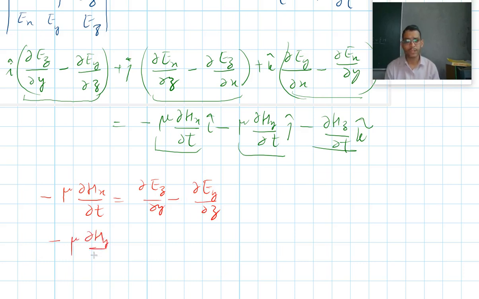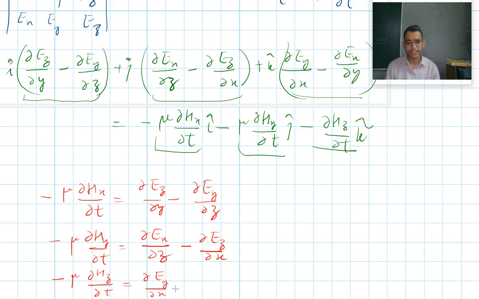minus mu curly Hy over curly t is equal to curly Ex over curly z minus curly Ez over curly x, and minus mu curly Hz over curly t is equal to curly Ey over curly x minus curly Ex over curly y.